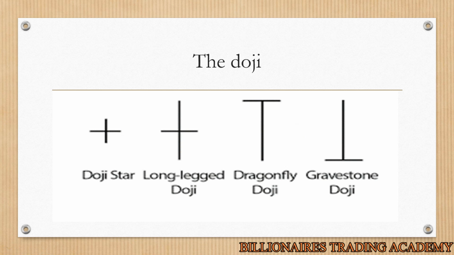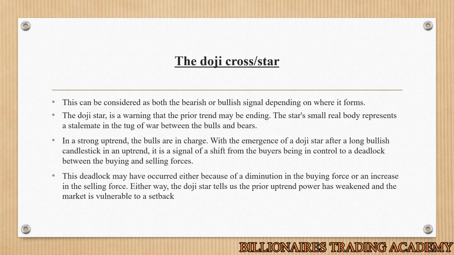But how we take these candlesticks, ladies and gentlemen, we don't just trade them anyhow and anywhere. What we need to do is use these candlesticks in reversal areas. For example, at support levels, at resistance levels, supply and demand levels, all those areas. So all these are reversal.